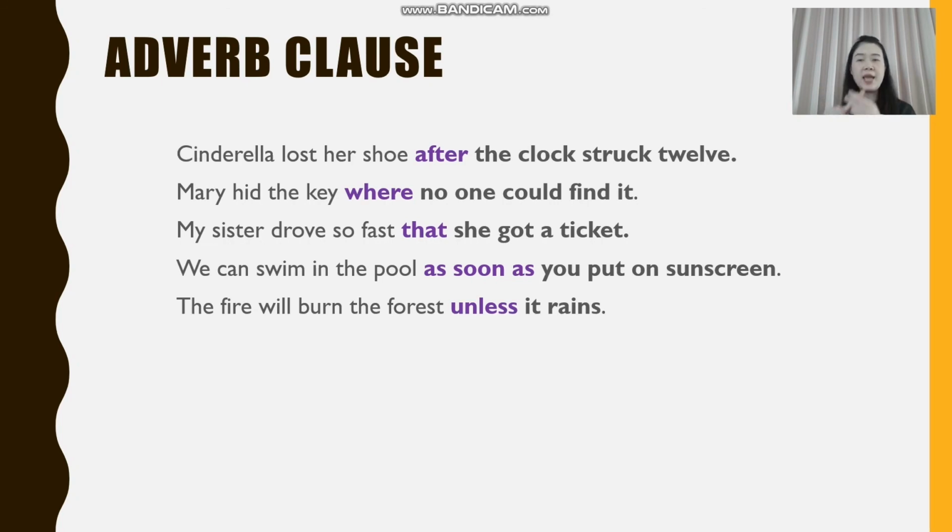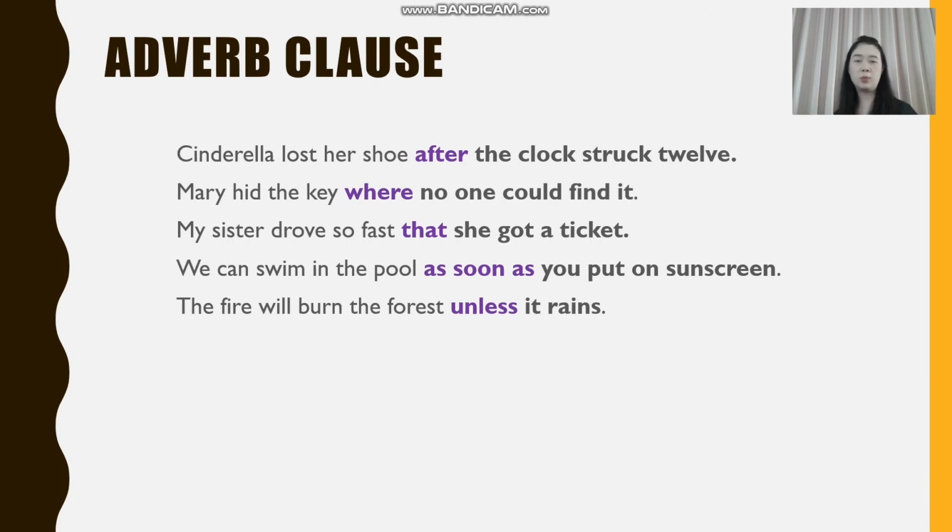Next is the adjective clause. I can say that the adjective clause is really simple, the simplest type that we can identify, because we just use the adjective clause to modify the noun right before that clause, not something else.